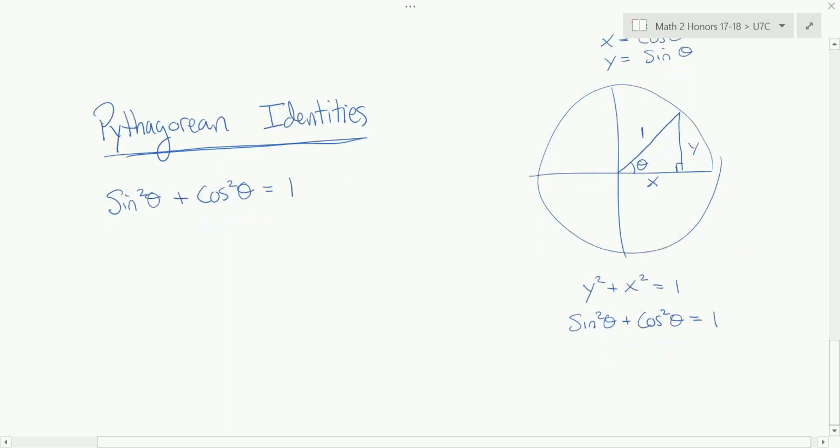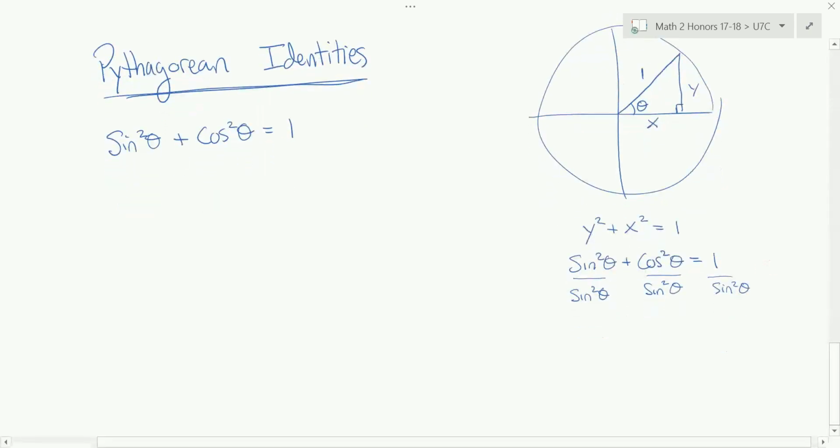Now, I'm going to do a little more work on the right-hand side here. If I take this expression, sine squared plus cosine squared equals 1, and if I divide each one of those by sine squared theta, which we're allowed to do because it's an equation and just dividing both sides by sine squared theta keeps it equal. Exactly 1. Okay. So what is sine squared theta divided by sine squared theta? 1, right?